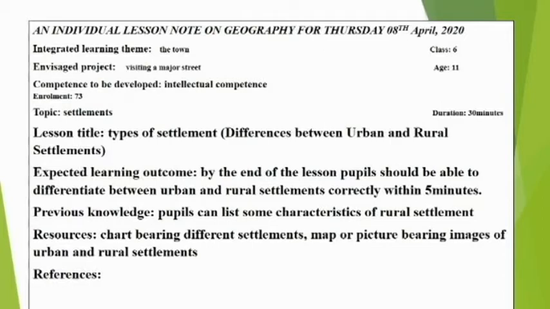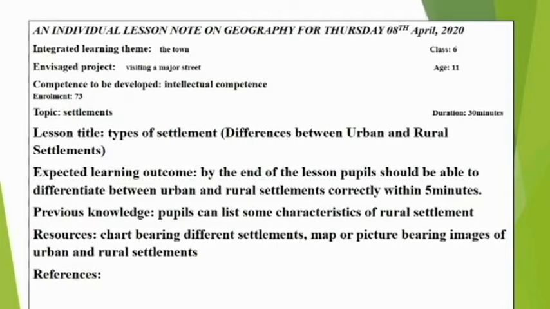Our envisaged project, at this level, we propose visiting a major street. Competence to be developed: we select from our new curriculum for the primary school the intellectual competence. The topic will be settlement. Lesson title, as we have earlier said, is types of settlement.